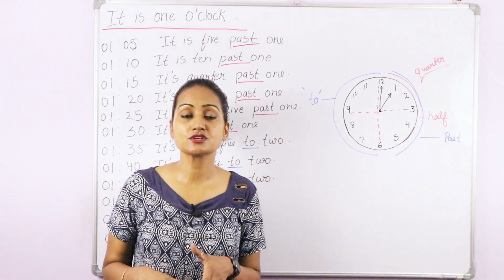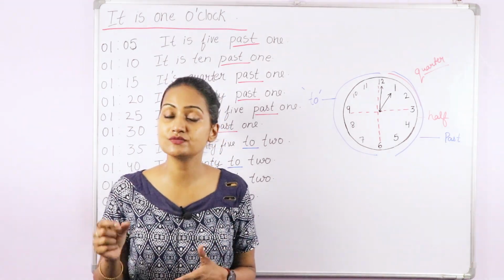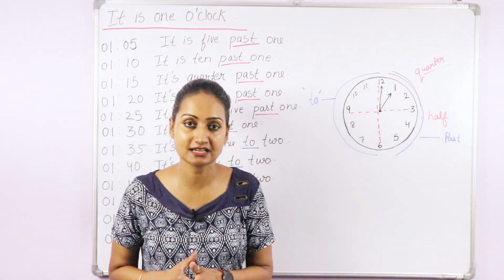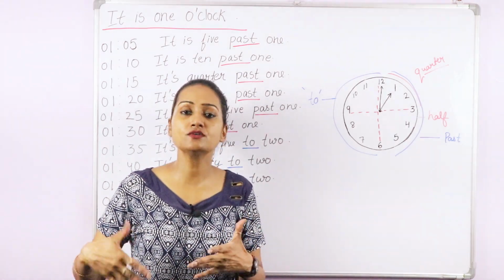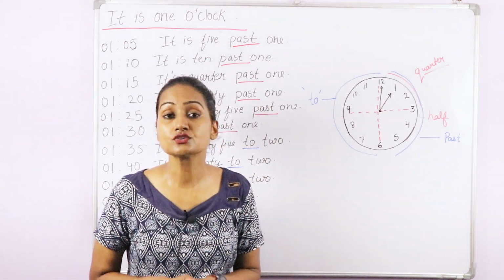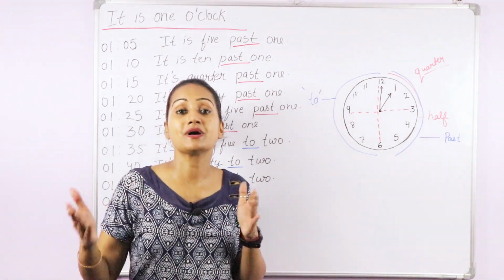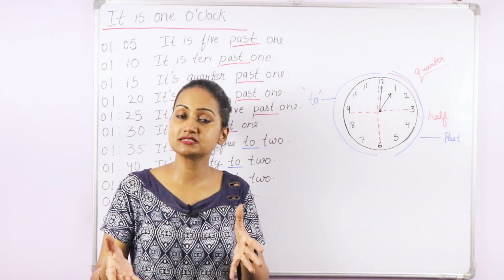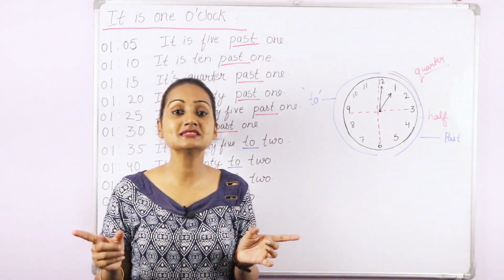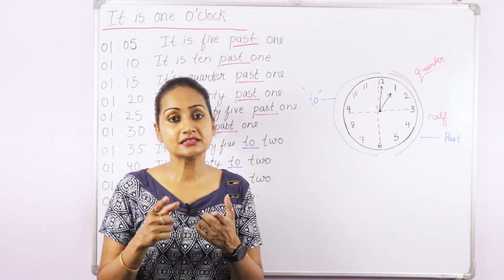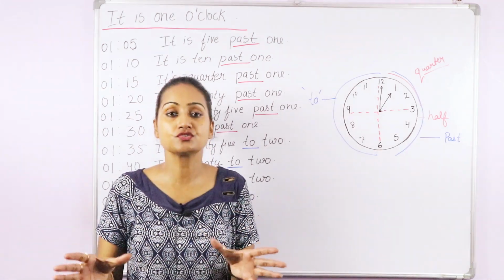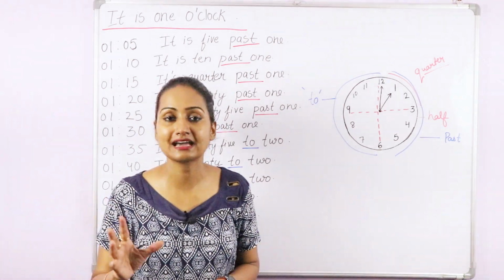But sometimes we also use around when we are not talking about a specific time. I will reach around 3 o'clock. So this can be 2:45 or 3:15, so 10-15 minutes before or after. That means we are talking about the period of time around 3 o'clock, not the exact time.